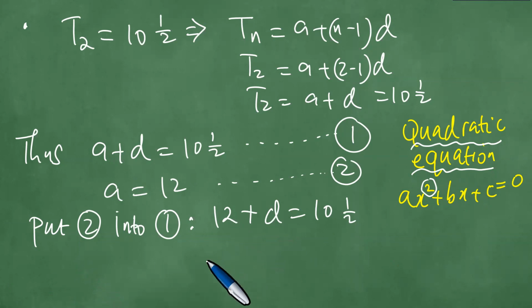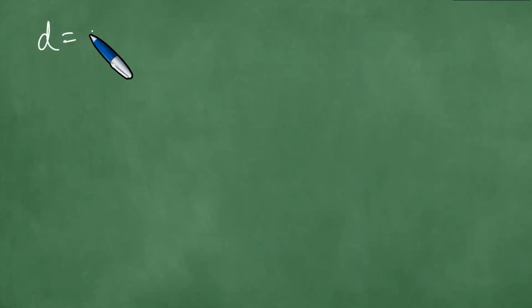Right, so let's solve this one. So what is D? Which is this minus 12.